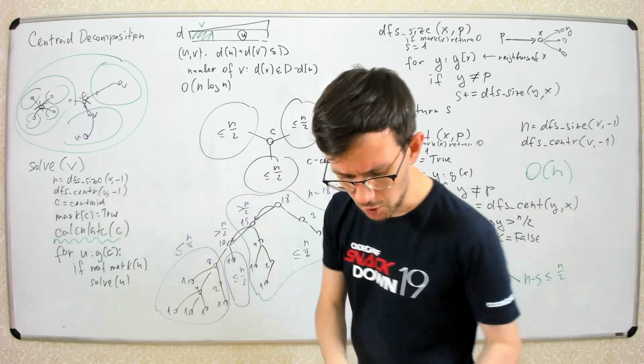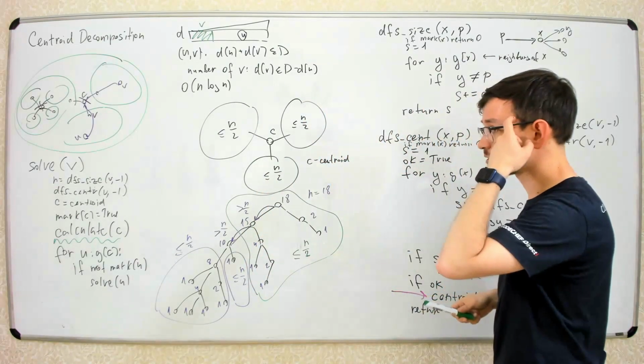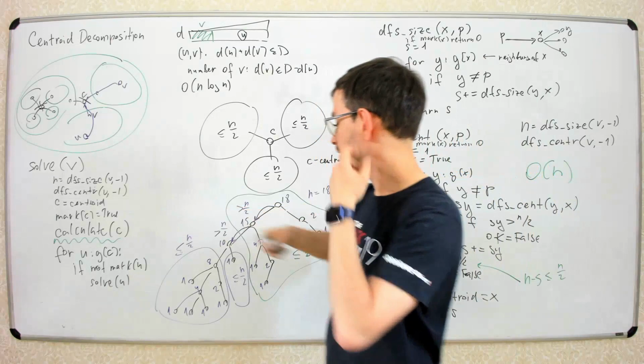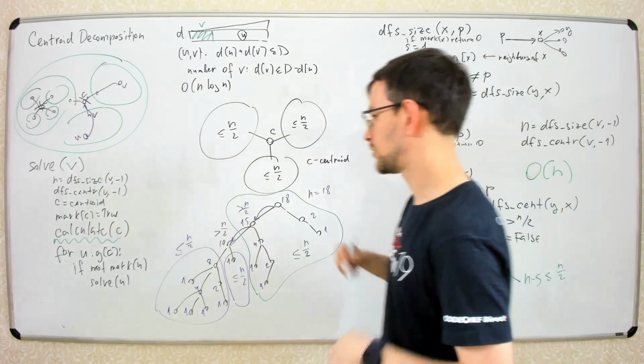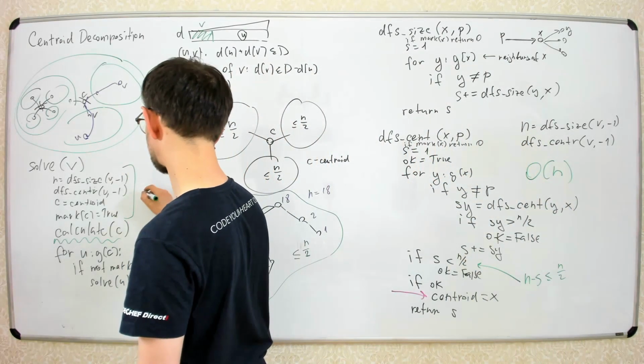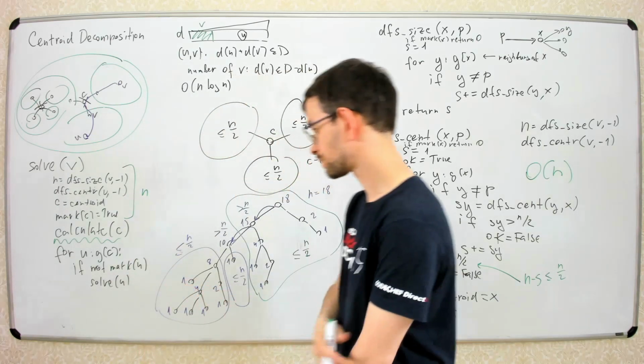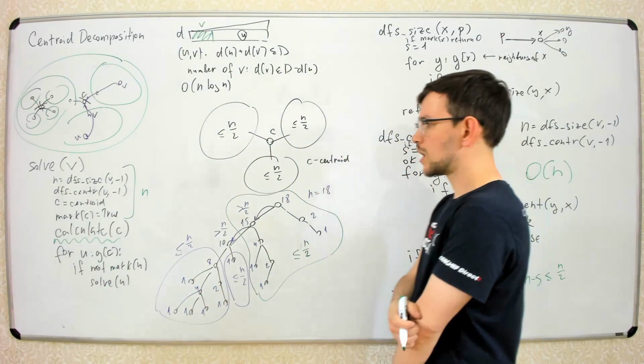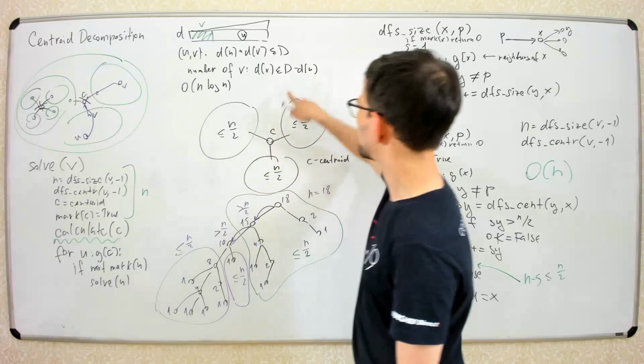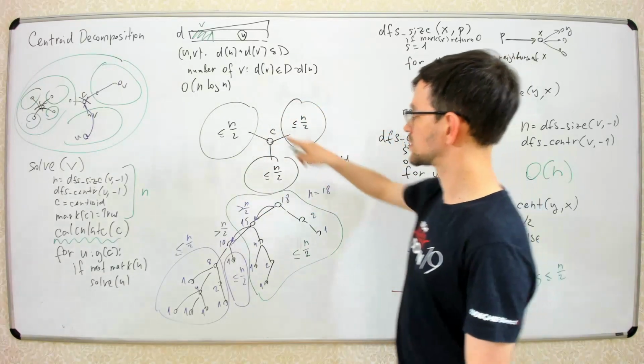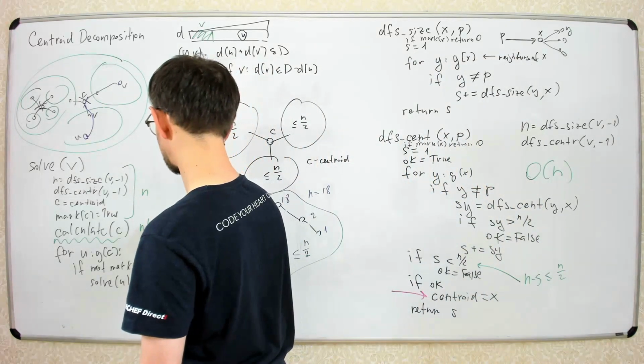Yeah, let's talk about time complexity. What is the time complexity of this thing? Let's see. So this part works in linear time, right? This calculate in our approach works in n log n time. So let's use this.